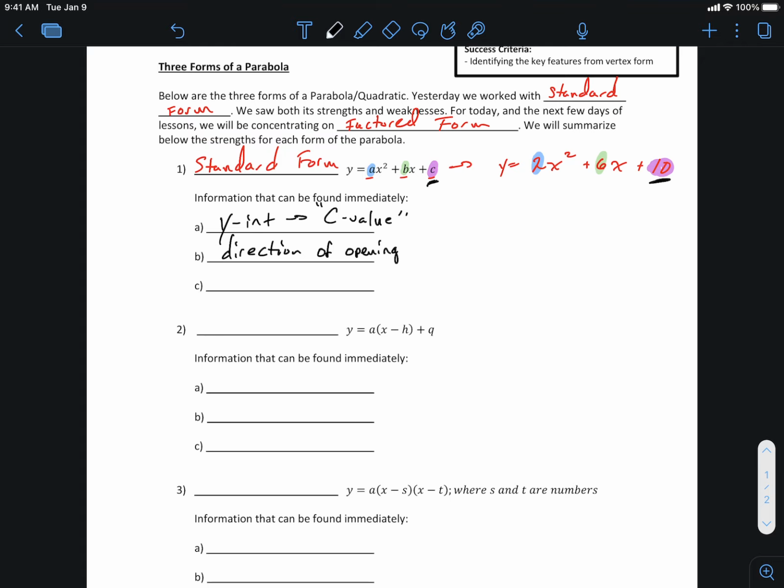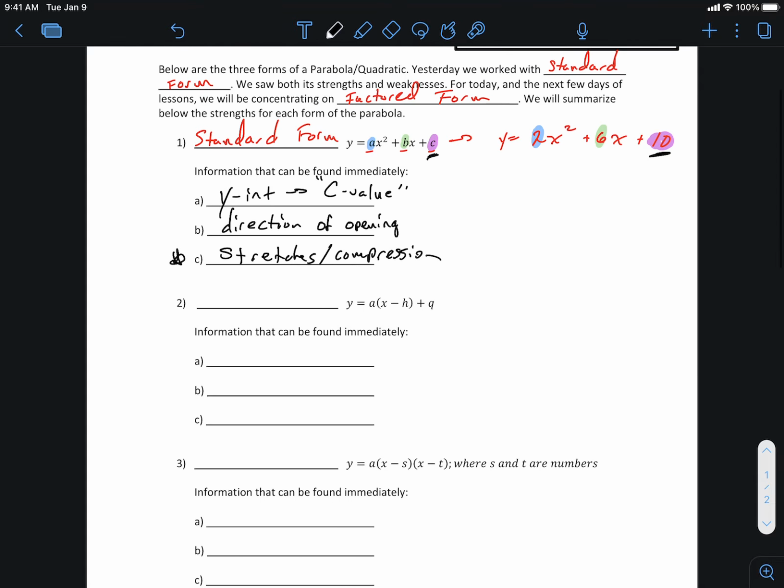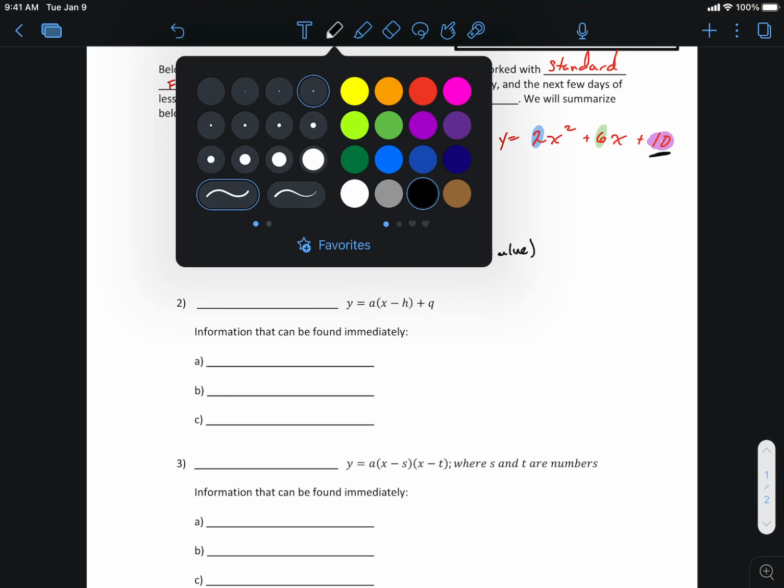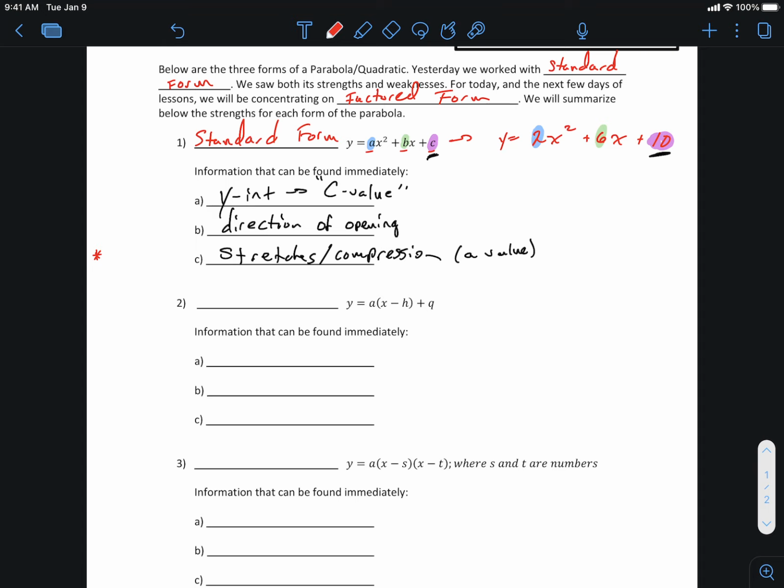And then for the academics, this will be an academic topic, the stretches / compression. This is just going to be a recurring theme. You can see this is going to be the A value. So the applieds don't necessarily need to worry about that there. I'll stipulate there. So the academics will do a little bit more work with this.